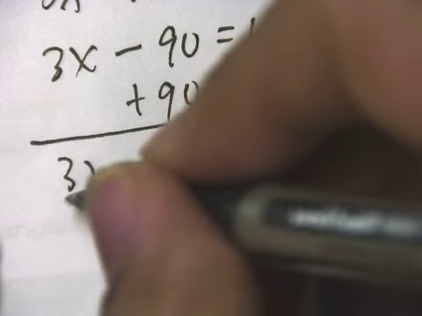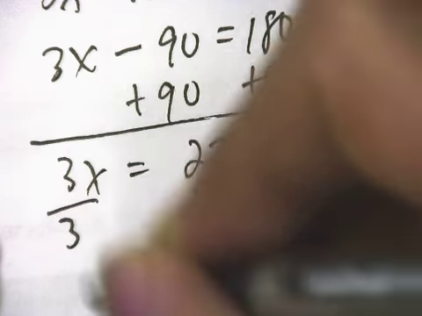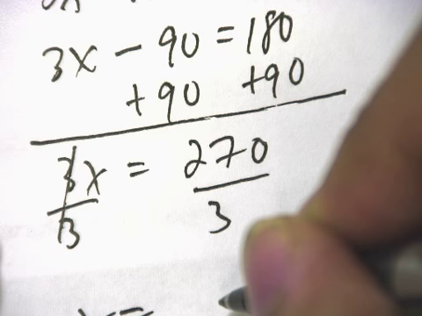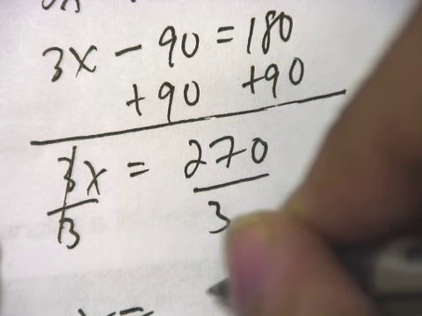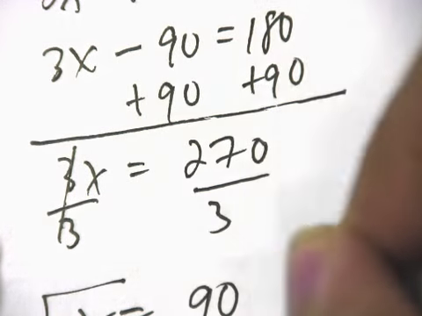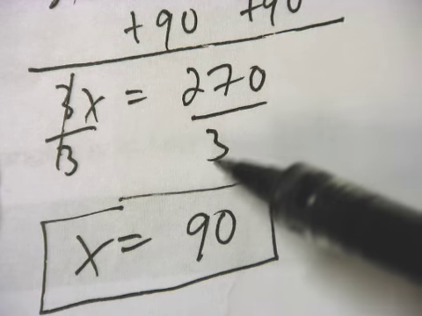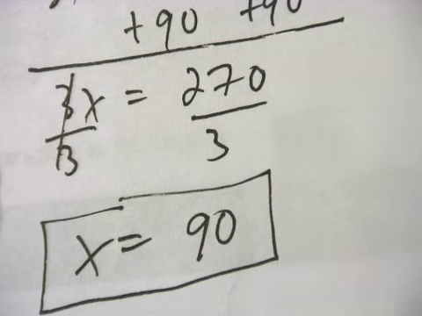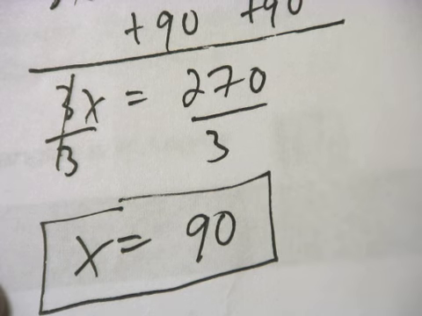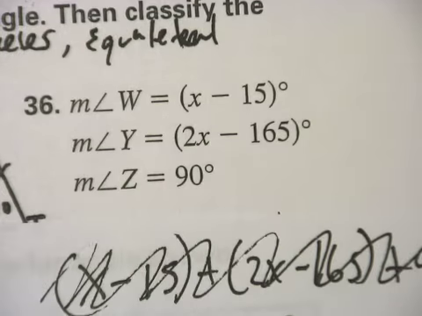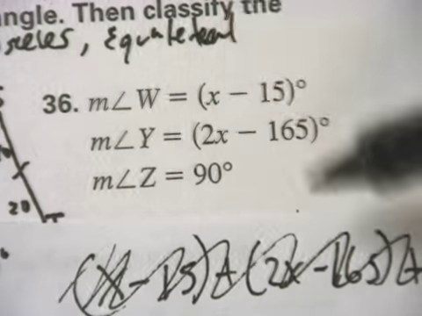Little simple algebra there that we've talked about before. x comes out to be 90. 270 divided by 3 is 90. So I know x is equal to 90.